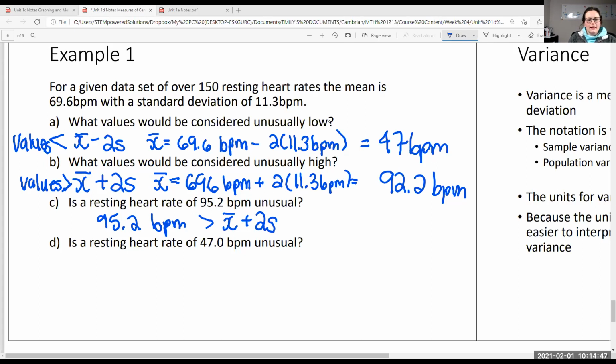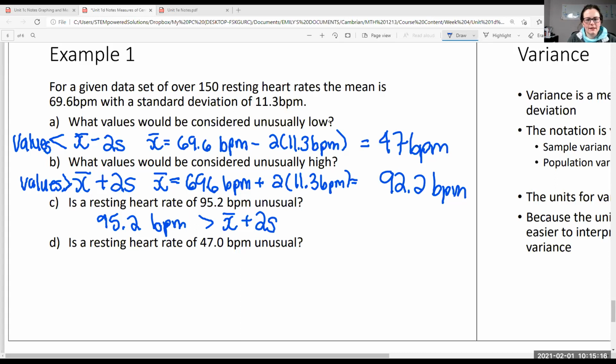All right, so example 1D: is a resting heart rate of 47.0 beats per minute unusual? Let's pull out the calculator again. So 69.6 minus 2 times 11.3 equals 47. So now, is a resting heart rate of 47 unusual?